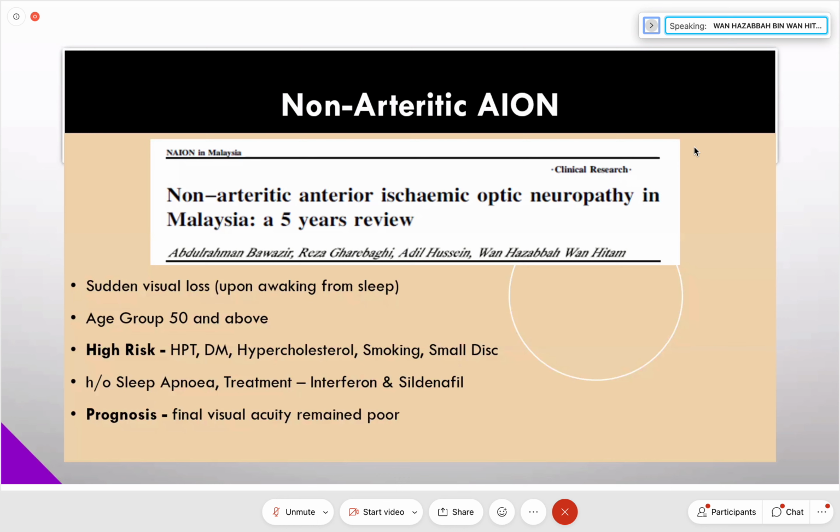Some of the patients have a history of sleep apnea, which is important for you to look up, and treatment with interferon, and as you know, sildenafil also may cause some problems, which we cannot prove yet. So, it's good to take the history, and in terms of the prognosis, it is not really a good one. Patient's visual acuity remains like that.